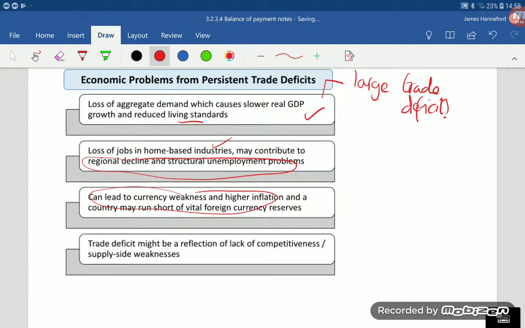Sounds great because we're importing the goods, but the problem is then if a firm needs to purchase, say, cotton t-shirts, say Zara needs to purchase cotton t-shirts from an Indian manufacturer, well, obviously that means the cost of production for Zara will rise and it could lead to inflation.